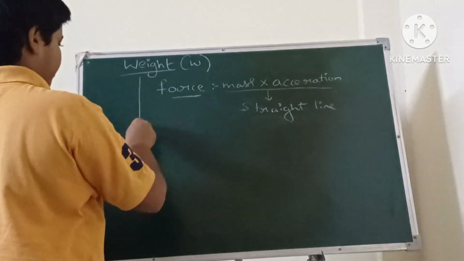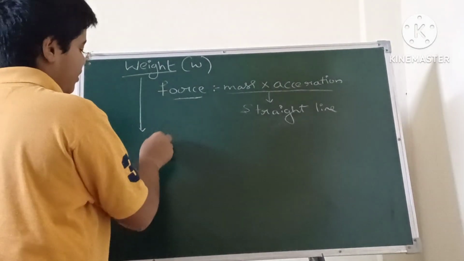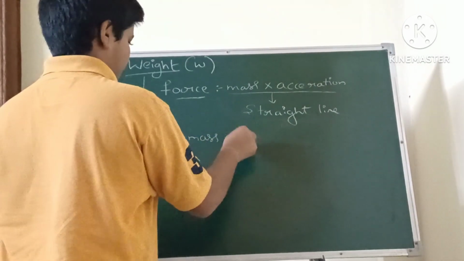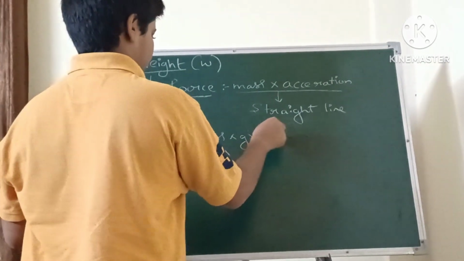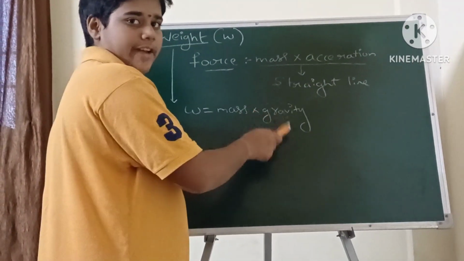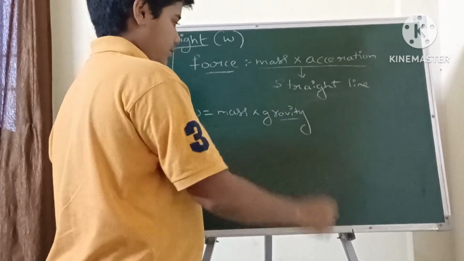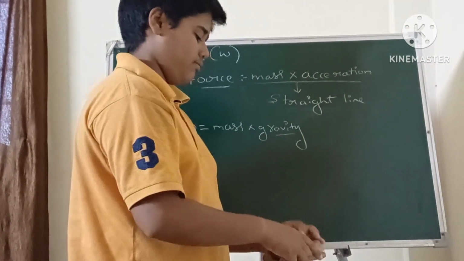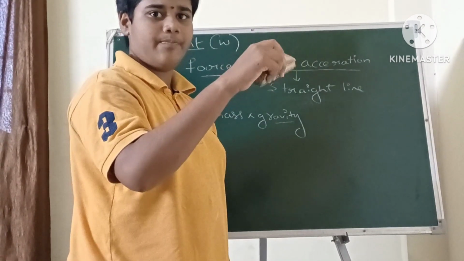So, the weight formula is weight is equal to mass into gravity. Here gravity means, I am taking this as an object.